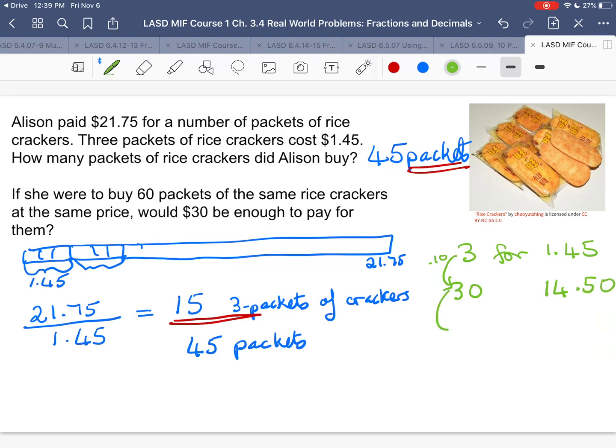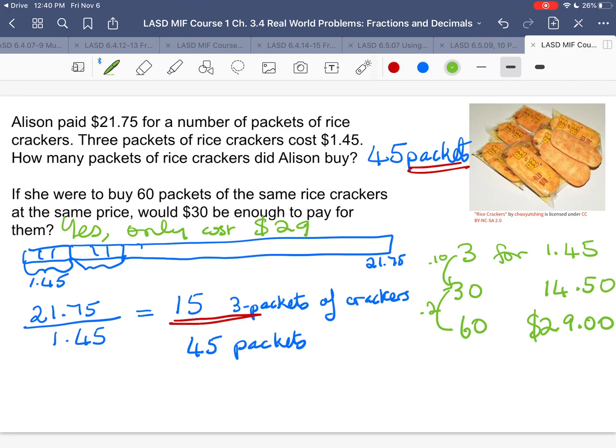And then double that to get 60. So multiply $14.50 by 2, I get $29. So will she have enough in $30? Yes. They only cost $29.